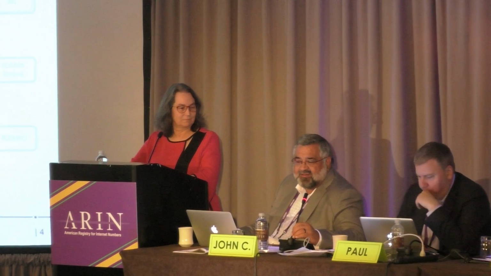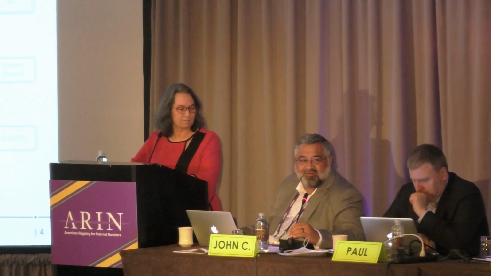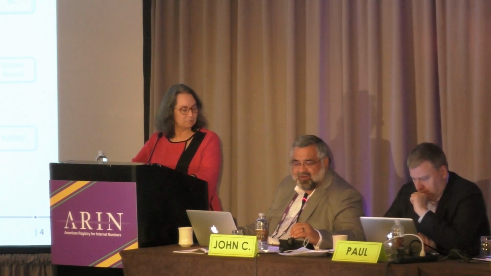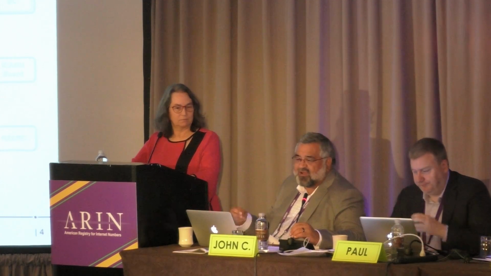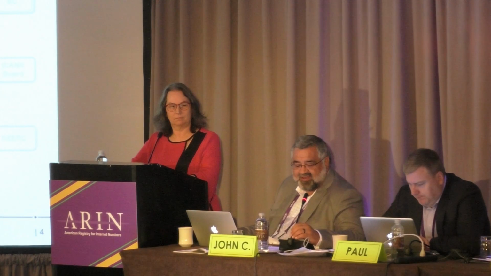So if ICANN does a fundamental bylaw change, each of these 5 organizations, the ASO, the GNSO, the ALAC, the GAC, and the ccNSO, all have to participate in ratifying that change. So bylaws changes, a rejection of a budget, rejection of a contract change with IANA, all of these are powers of the Empowered Community.